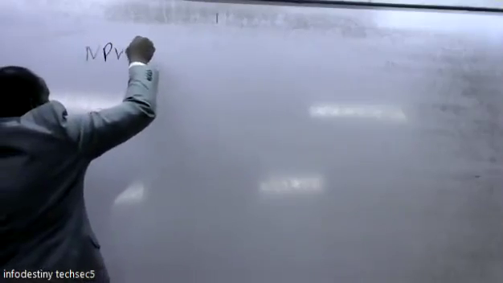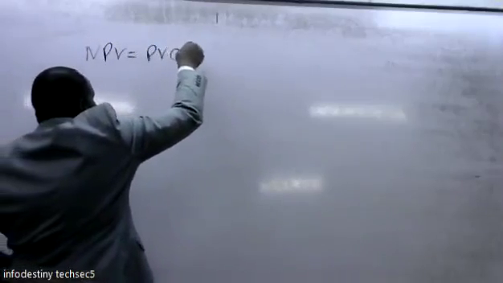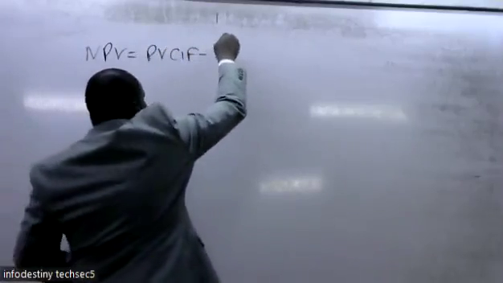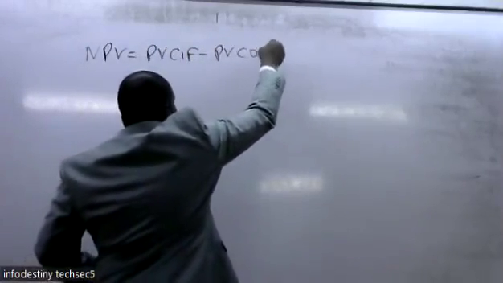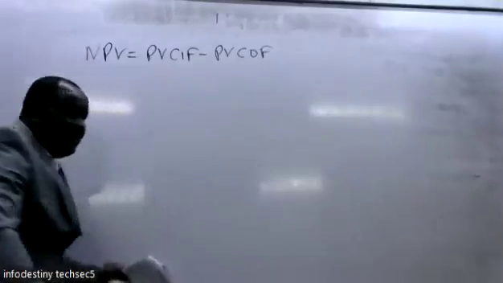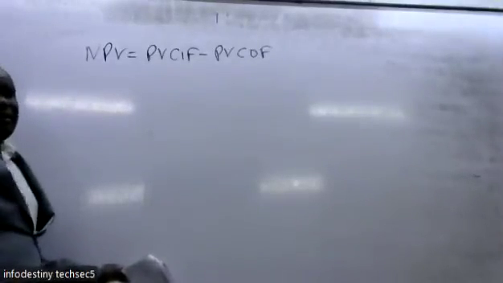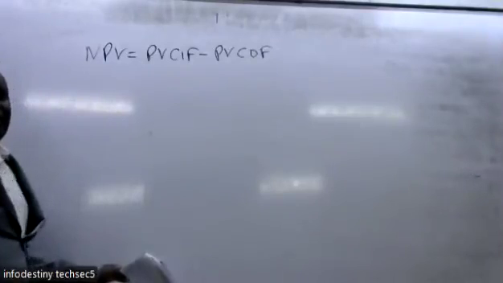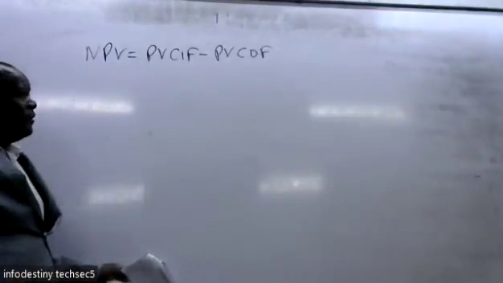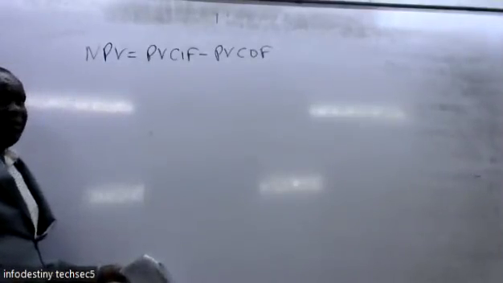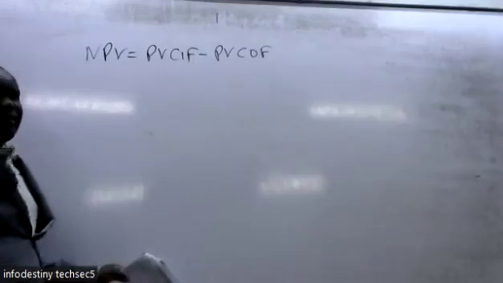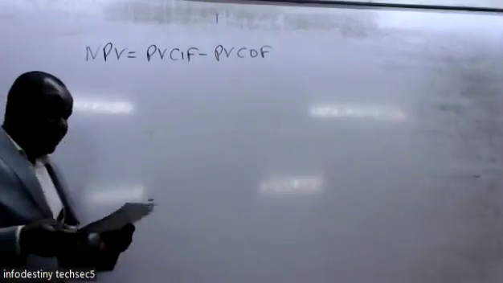So let us get the normal NPV. NPV is given by the present value of the cash inflows minus the present value of the cash outflows. I'm just calculating the normal NPV before I subject the project to the sensitivity analysis.